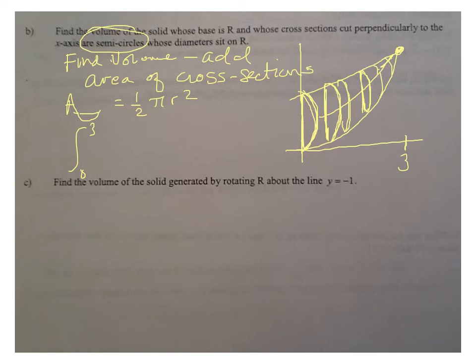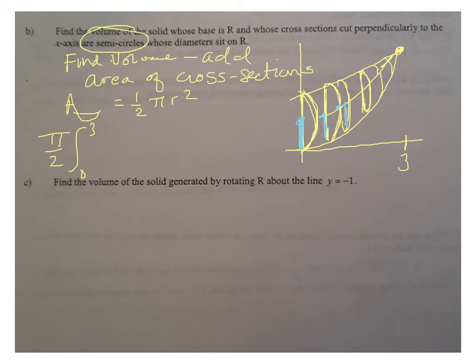If I have a semicircle, the half of pi is a constant, so I can pull that out. And I need my radius squared. Well, my radius is not just the difference between the two curves, the line and the parabola, but my radius is half of that distance.